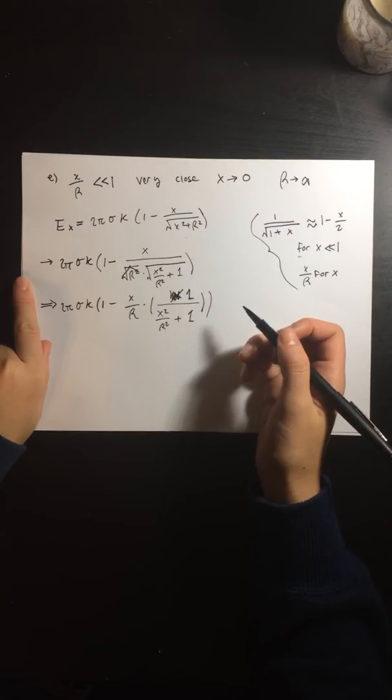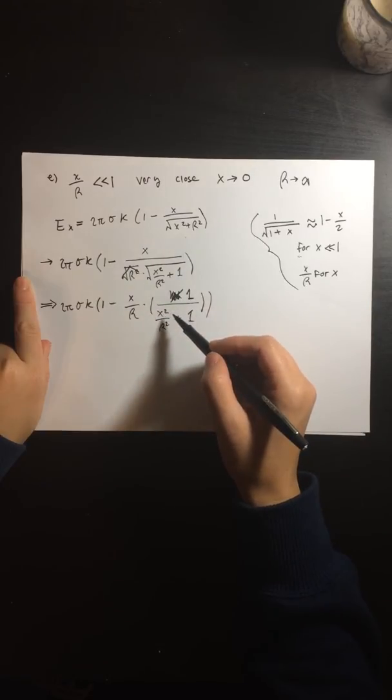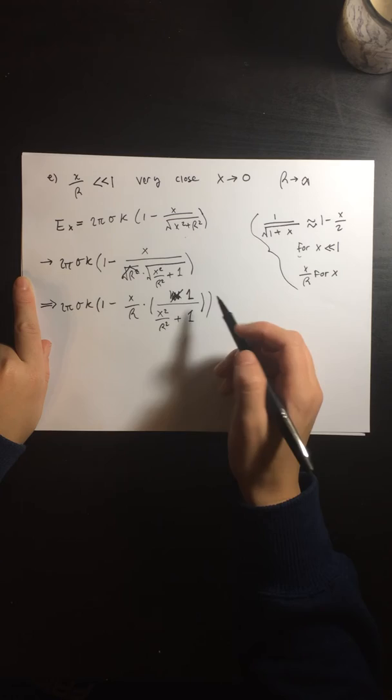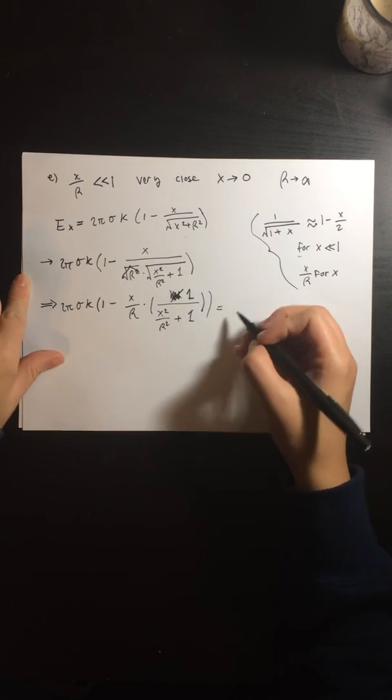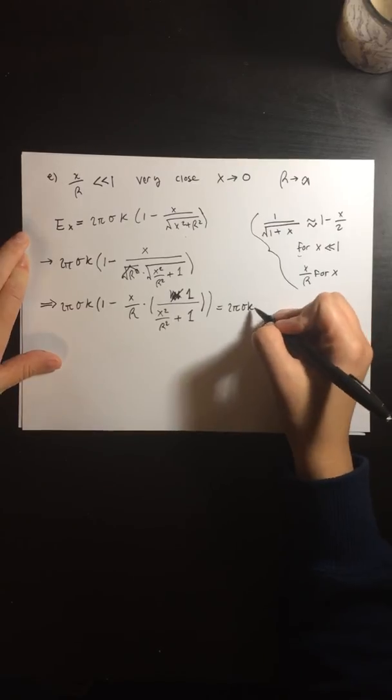So we pulled that out, and then now we can replace that with our approximation. I don't know if it's linear or not.